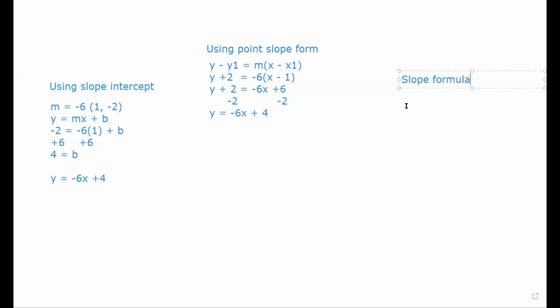And I don't want anybody to forget the slope formula. y2 minus y1. Remember, this is just a comparison of the x values and the y values. Rise over run. The y values are the rise. The x values are the run, the left to right. Okay, make that look like a fraction.